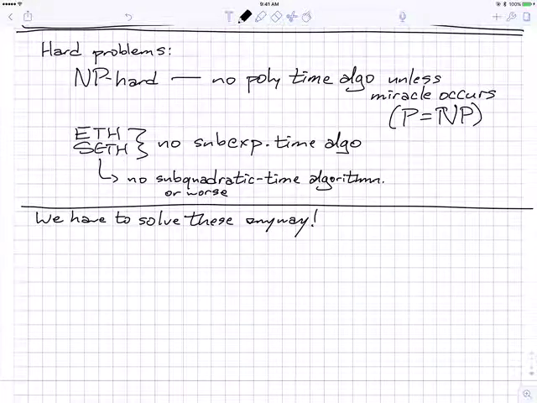Which means we're kind of forced to back away from one of the bedrock assumptions that we make when we design and think about the efficiency of algorithms. So one of those assumptions is the algorithm must work for all possible inputs. Right?